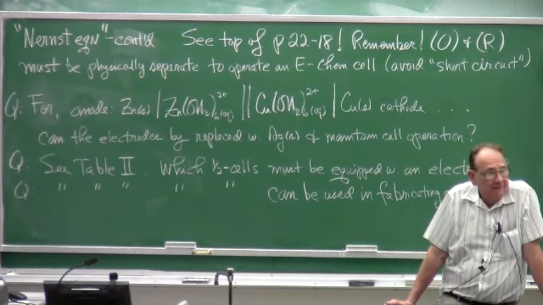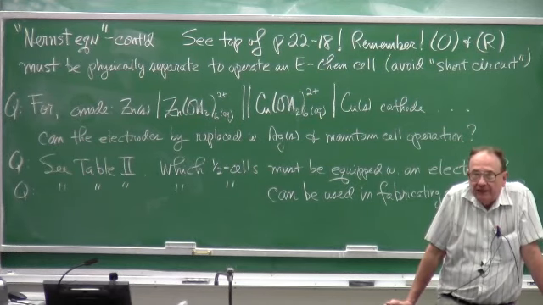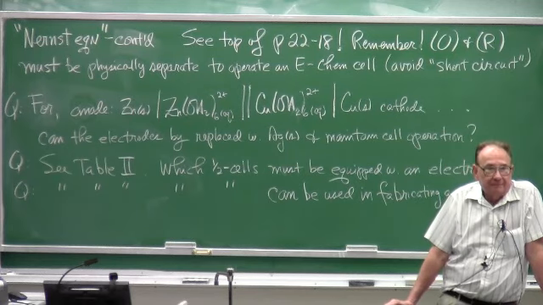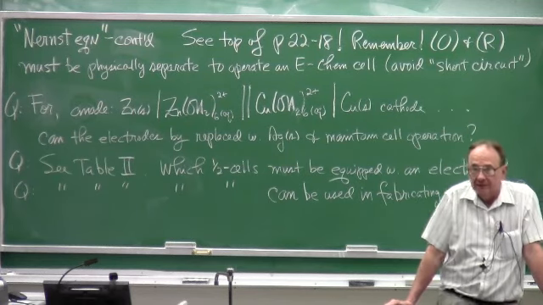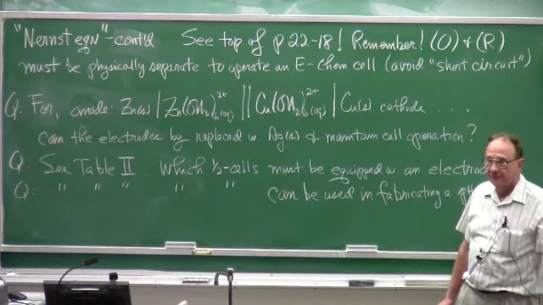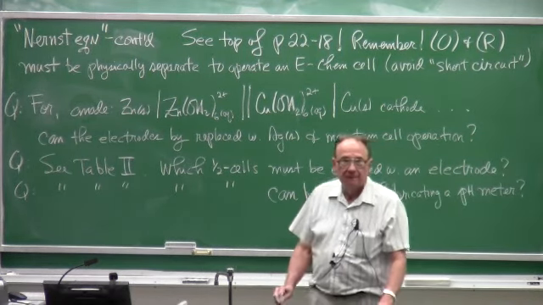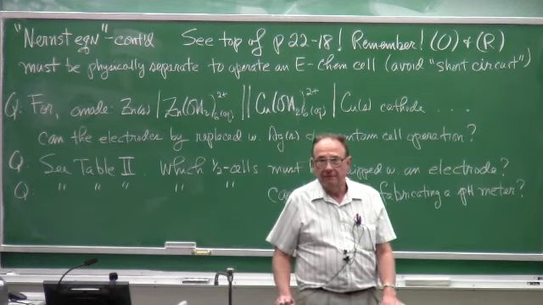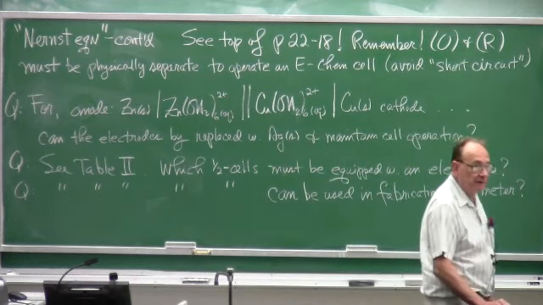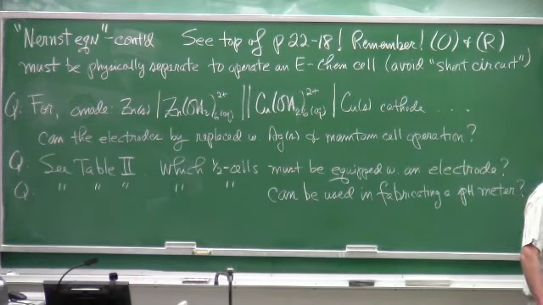Well, what is the functionality of an electrode? What does it do in an electrochemical cell? Well, in the cathode compartment, the cathode electrode material serves 2 purposes.